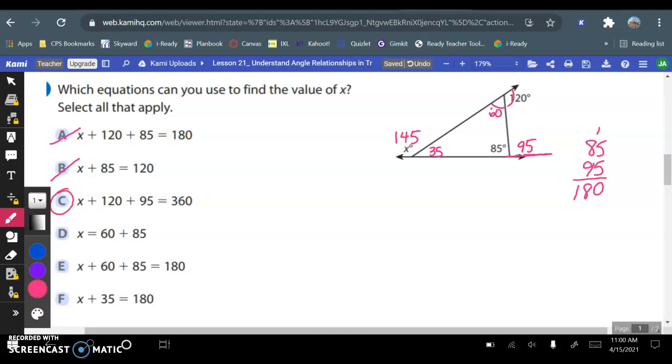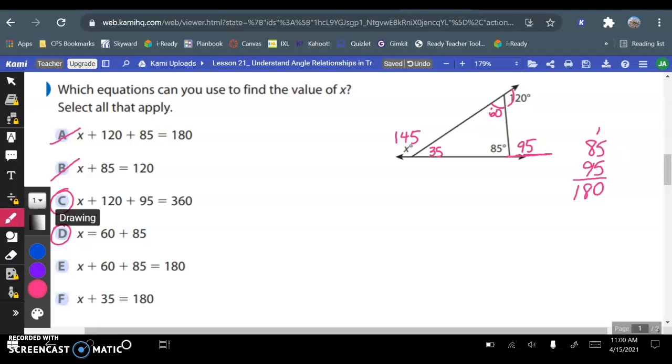Then they're also saying that X is equal to 60 plus 85. So this exterior angle is equal to these two opposite angles added together. Yes, that is true. Your exterior is equal to the two opposite angles added together. Then they're saying X plus 60 plus 85. So if I take that 145 and I add together those two opposite angles, I'm going to get 180.